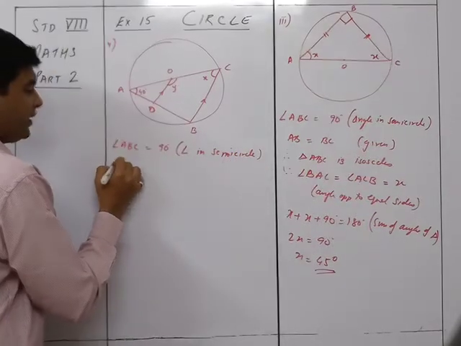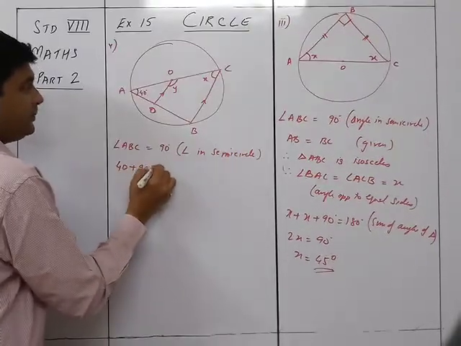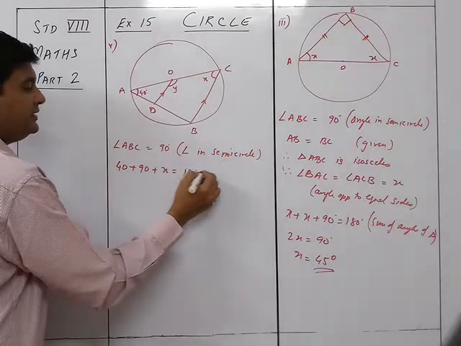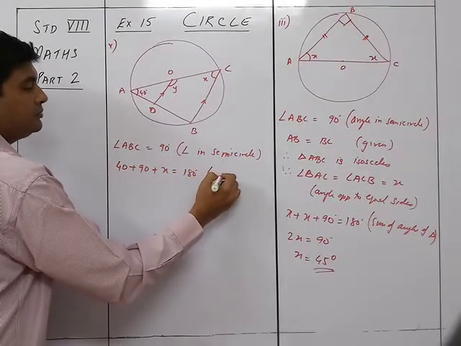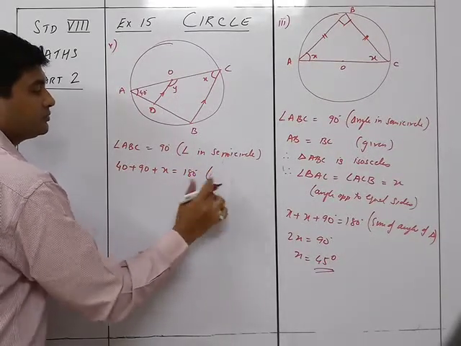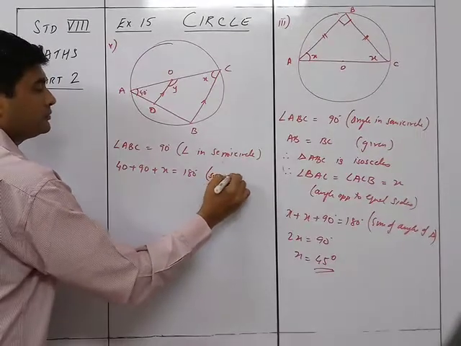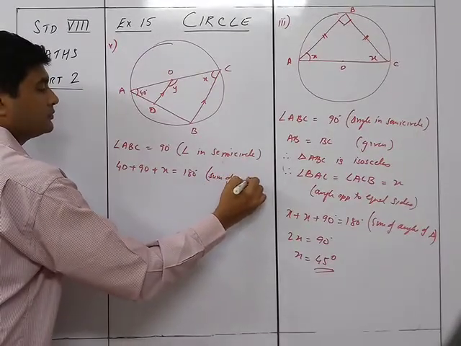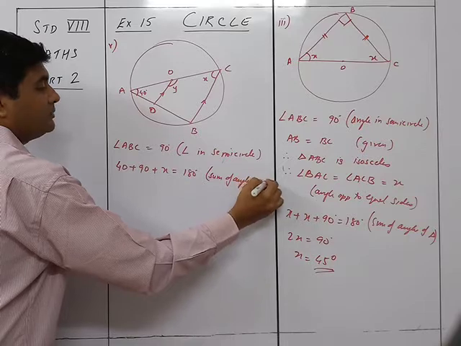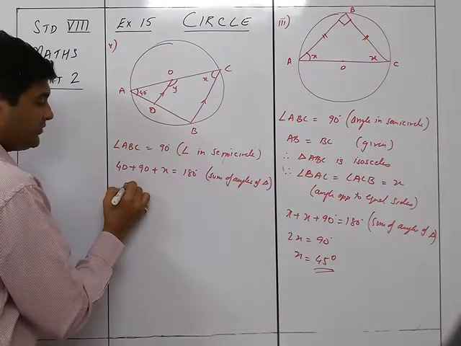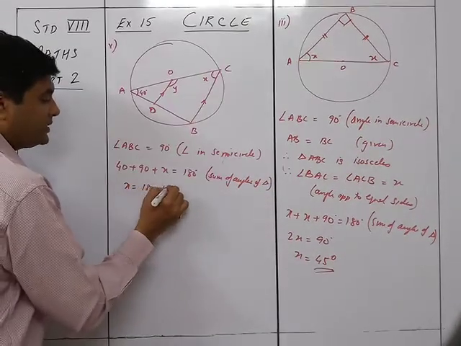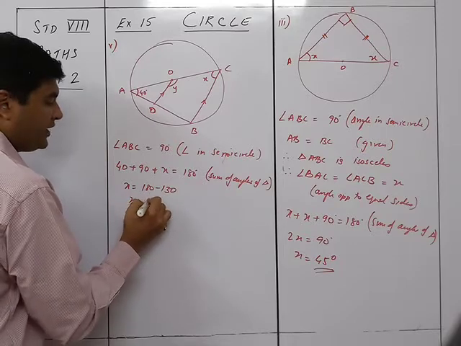Now you know that 40 plus 90 plus x is equal to 180 degrees, sum of angles of a triangle. Therefore, x will be equal to 180 minus 130. So x is equal to 50 degrees.